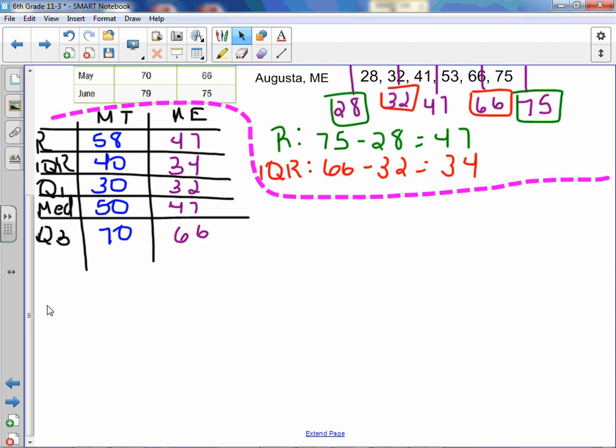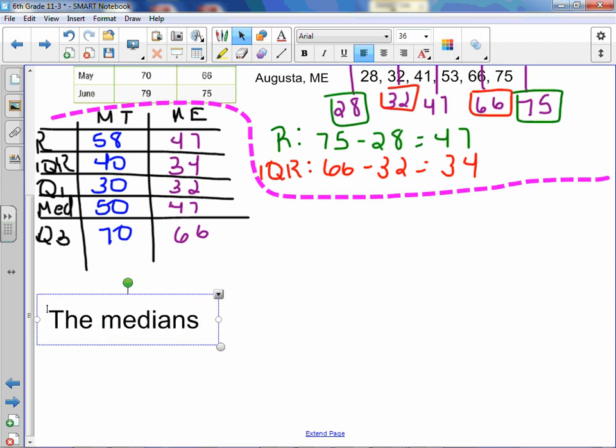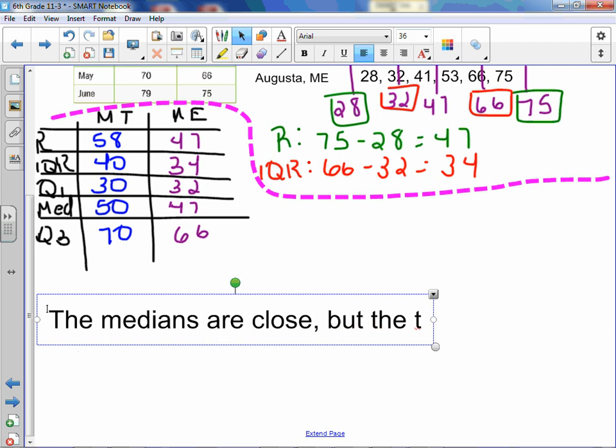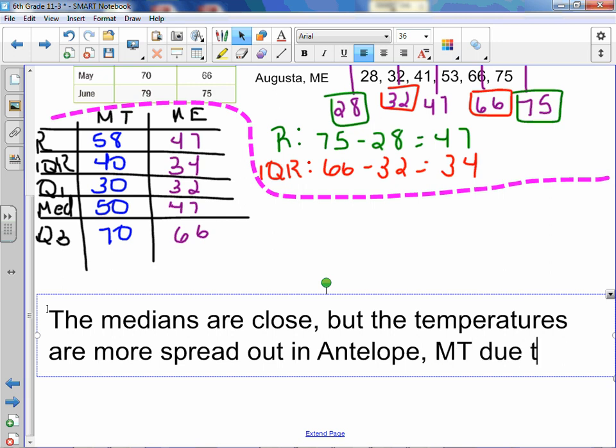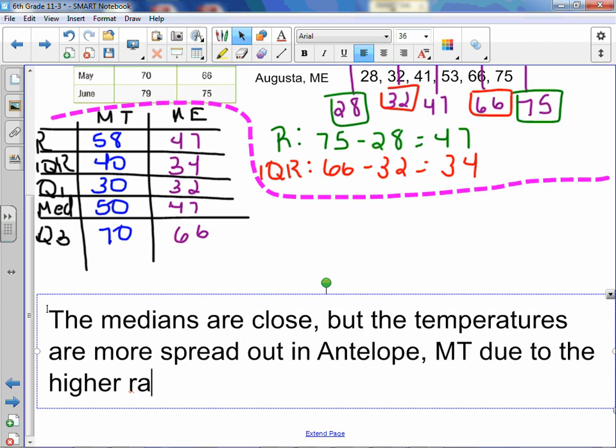So let's go ahead and jot some of that information down. So I would say the medians are close, but the temperatures are more spread out in Antelope, Montana. And that is due to the higher range and IQR for Antelope, Montana.